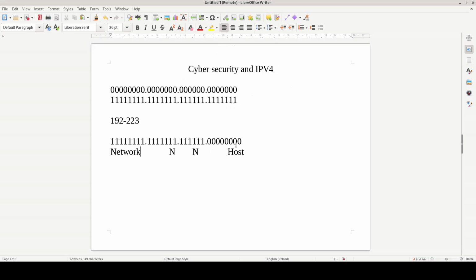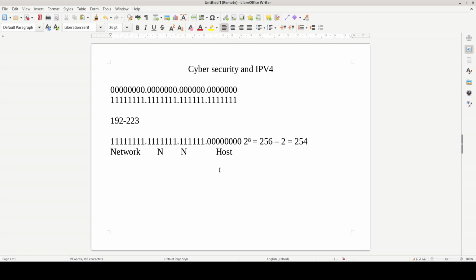We already know how to calculate how many hosts we can get. Here the total is 8 bits, so 2 to the power 8 equals 256. We also know that we subtract 2 because the first and last are kept in reserve, so it is 254. This we already know.